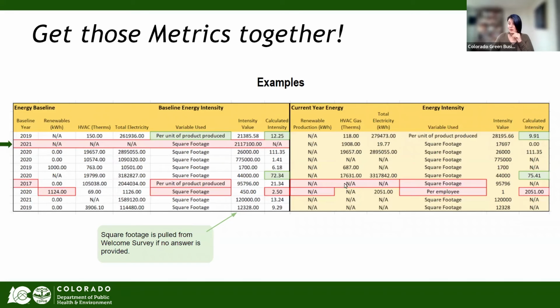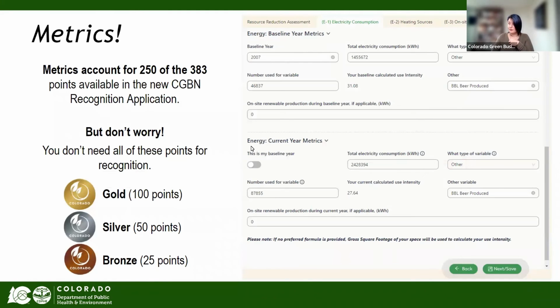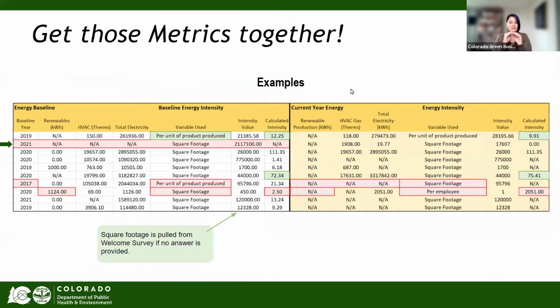But for the current year, we don't have current year data, and it's defaulted to square footage, which is going to be a different variable. So what we want to make sure is that we're entering data into both those fields. And again, we've combined those fields in our survey now so that you can see them right next to each other and you can see your auto-calculated use intensity metric so you know exactly where you stand. But you want to make sure you're really consistent across the 2 years and that you're giving us the same metric in both of those examples.